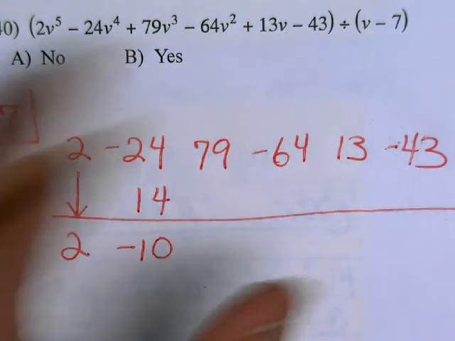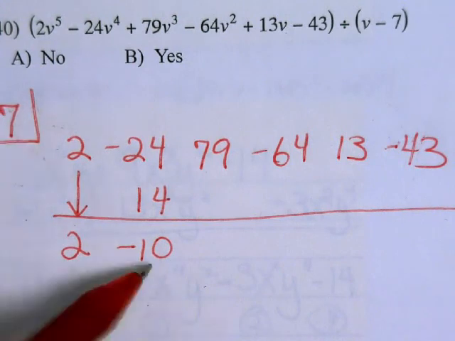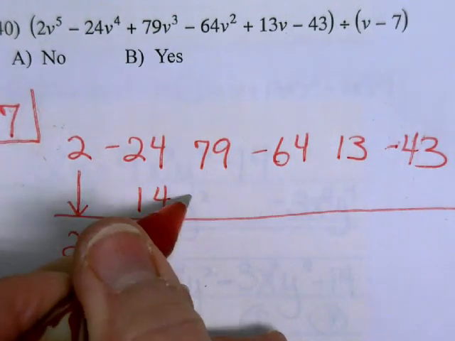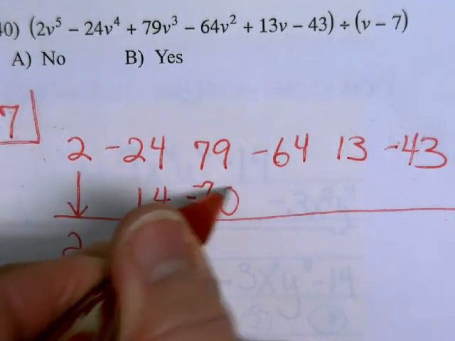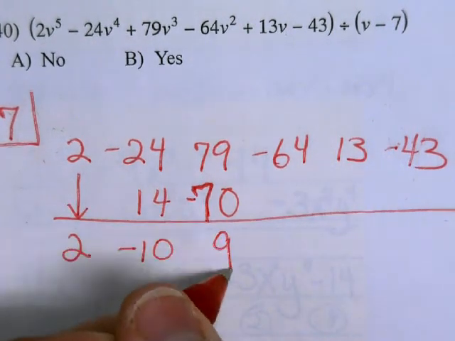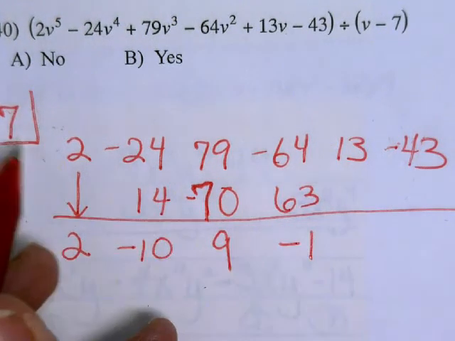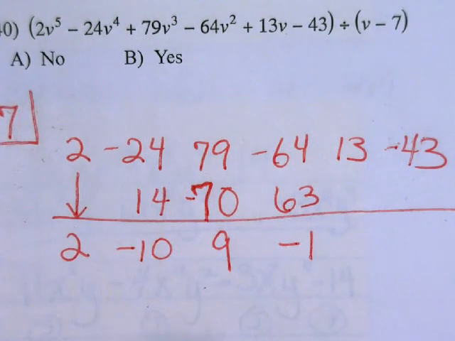Okay, 7 times 2 is 14, negative 10. And if you do it wrong, you get in these big monster numbers, you know, ooh, back up this truck. Negative 10 times 7, negative 70. 9. 7 times 9, 63.